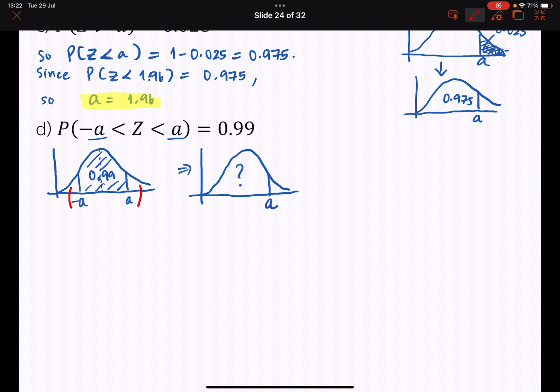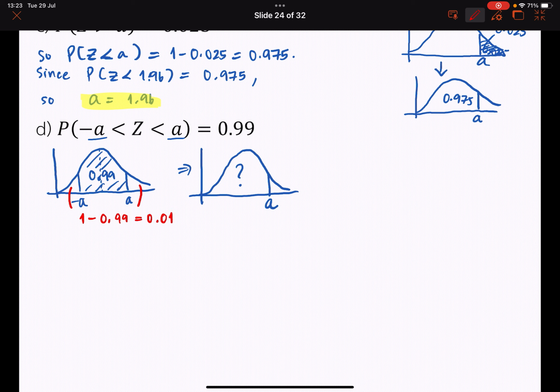Since the whole thing is 1, the area of these two pieces at the tails will be 1 minus 0.99, right? The combination of these two areas is going to be 0.01.